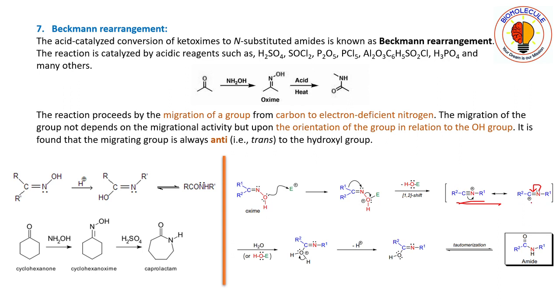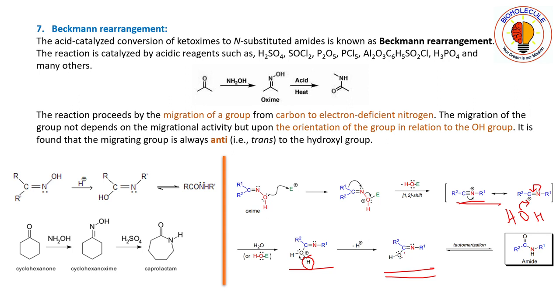Now this carbocation can be attacked by a water molecule, so you are getting this one. So this oxygen from the water molecule bears a positive charge, and so it will eliminate this proton to neutralize this positive charge, so you are getting this one.